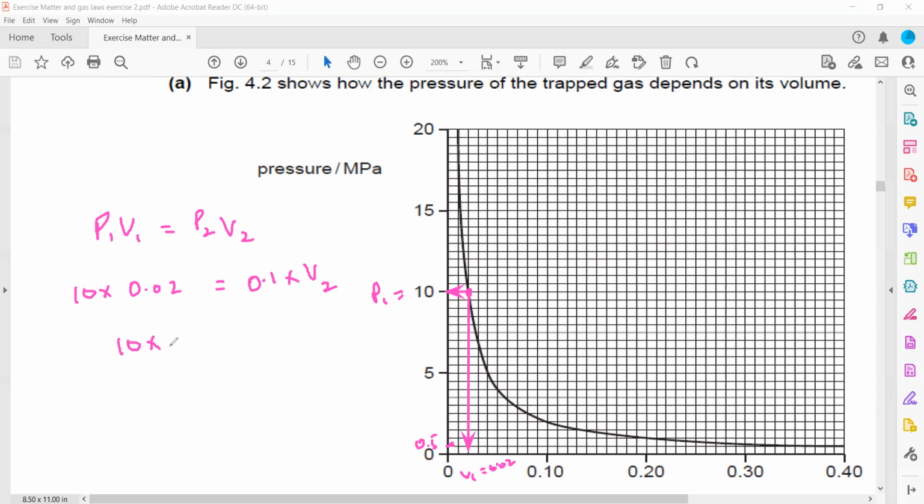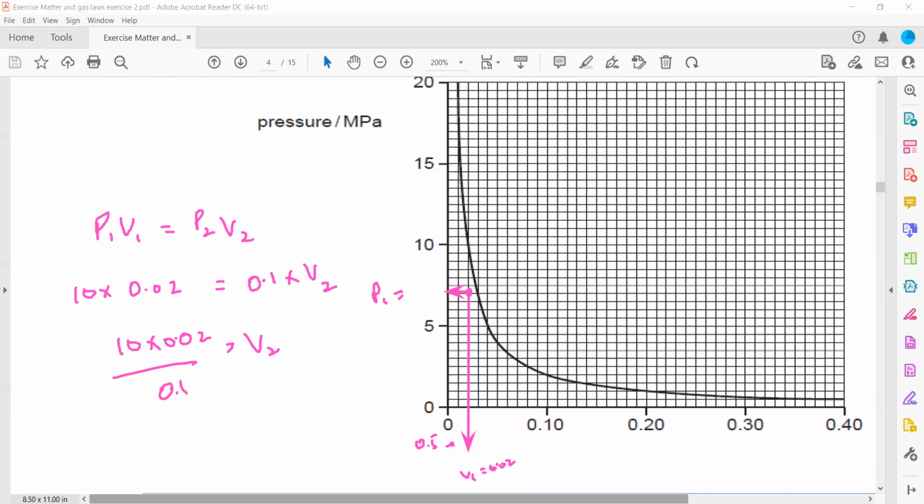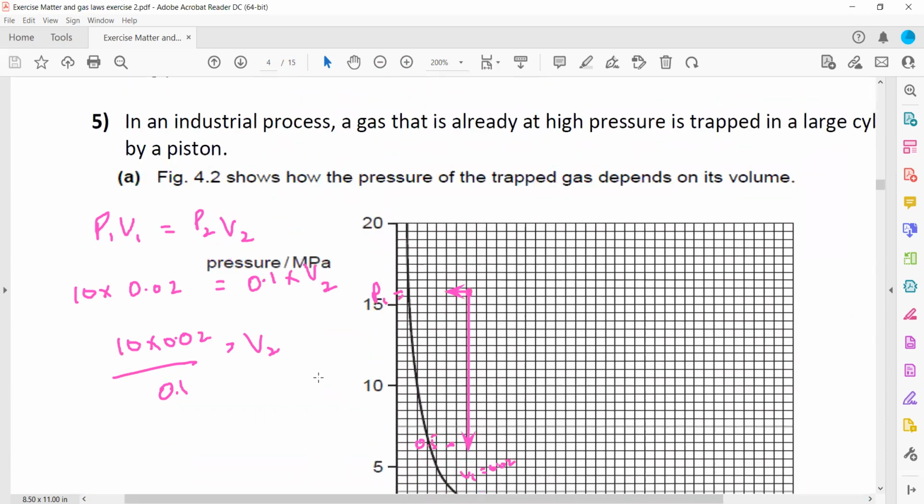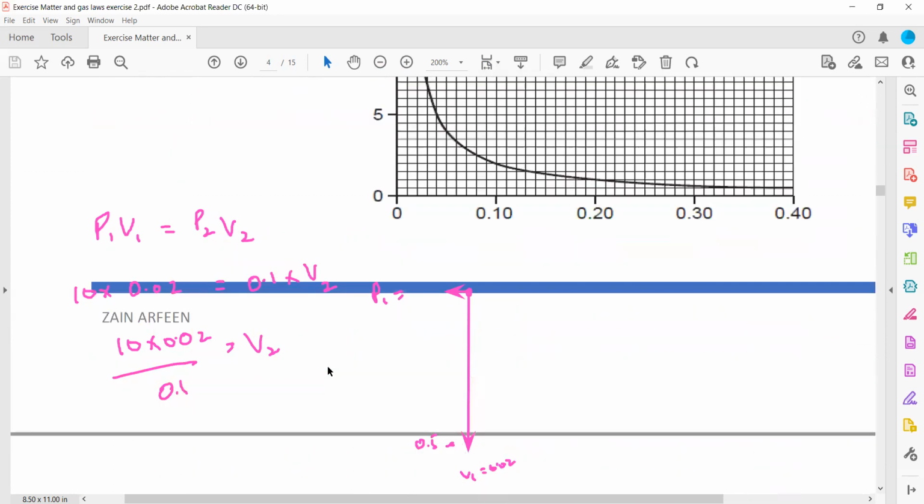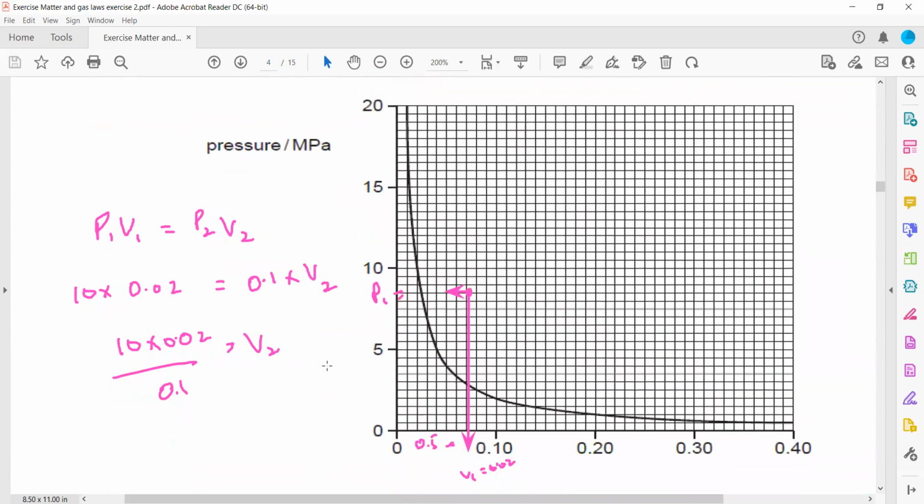So when we simplify, 10 times 0.02 divided by 0.1 will give us the volume this gas will occupy at 0.1 megapascal. The unit of the volume here is in meter cube.